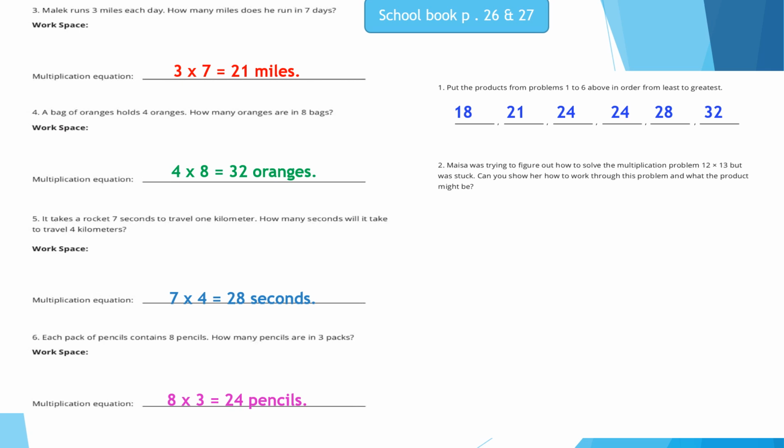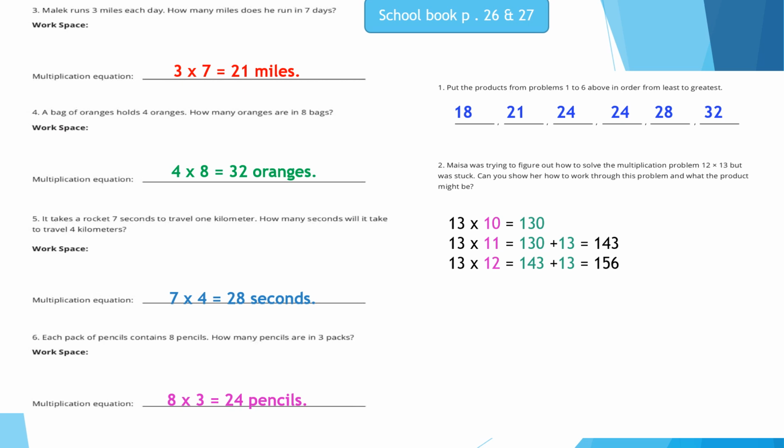Let's think as a mathematician about different strategies. We know 13 times 10 equals 130.